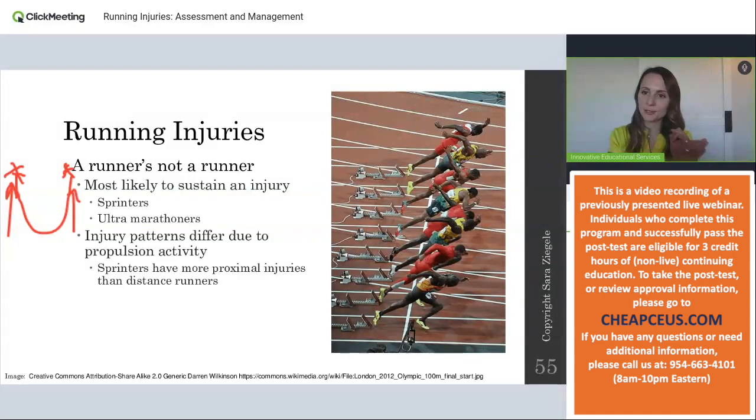So we see higher glute activation, higher hamstring activation in our sprinting mechanics than we do in our endurance runners, hence the hamstring tears. When we have more endurance running, we have an increased reliance on the distal component. So that's why we're talking about things like the gastroc and the Achilles, and why we see so many endurance runners who have Achilles injuries.